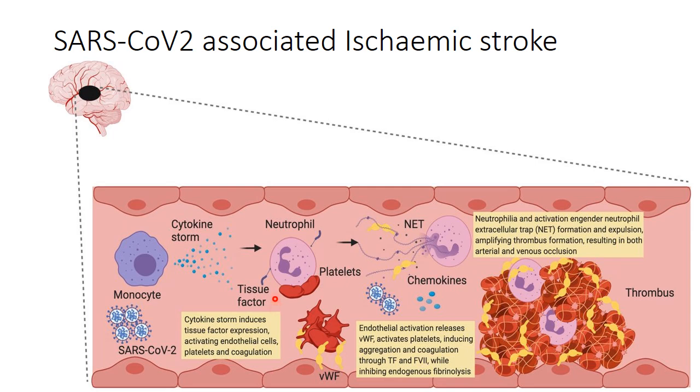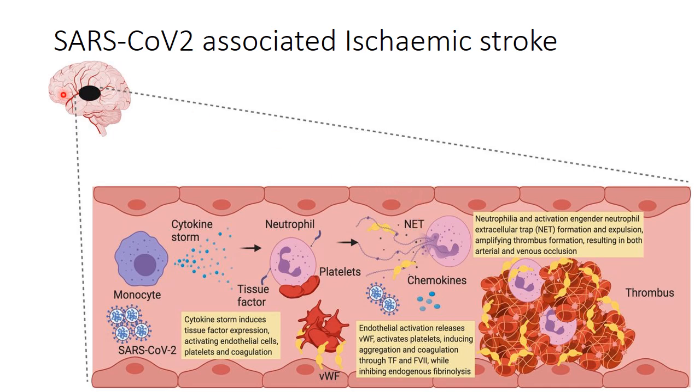Increased activation via the cytokines of the neutrophils results in neutrophilia, and there is also activation of the neutrophilic extracellular traps or the NET. This NET amplifies the thrombus formation, resulting in both arterial as well as venous thrombosis.